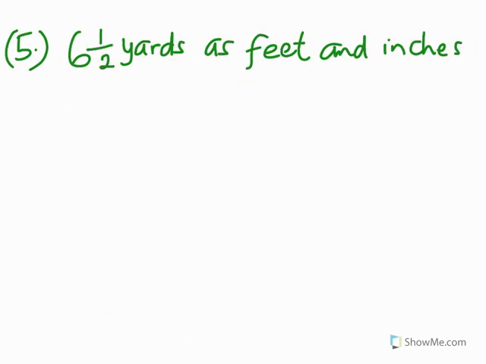Okay. What if we have a big unit and we are asked to convert in two different small units, like we see here. What if we have a big unit and then we are asked to convert to two different smaller units entirely.